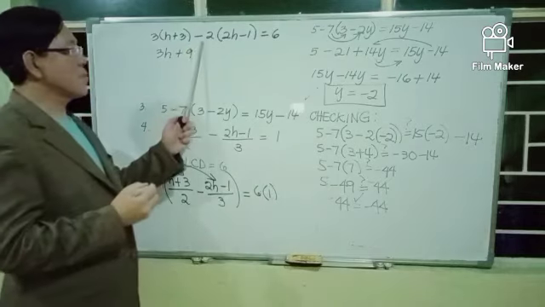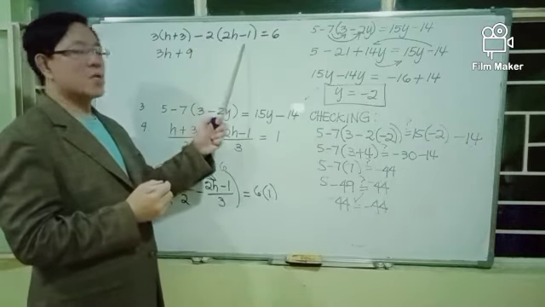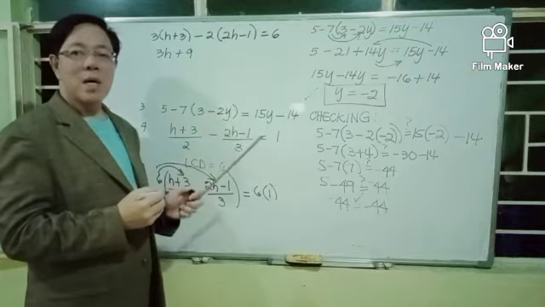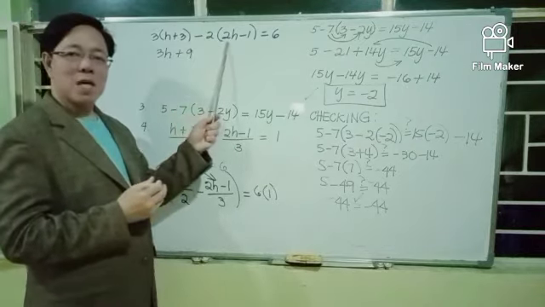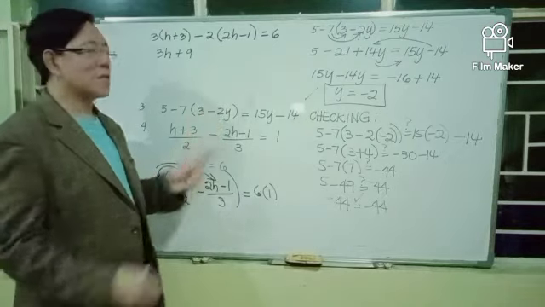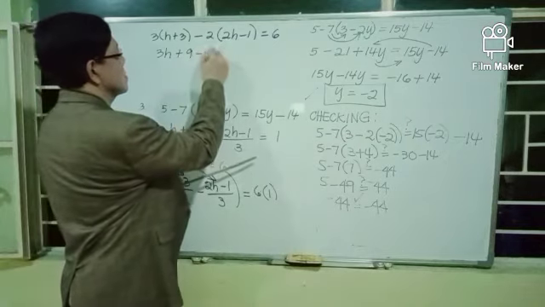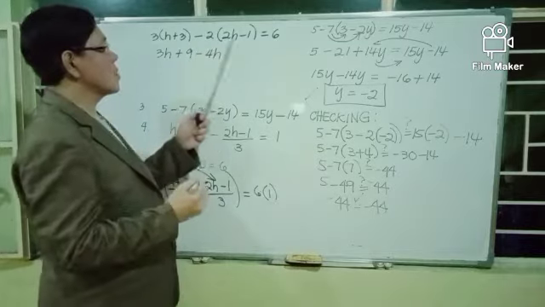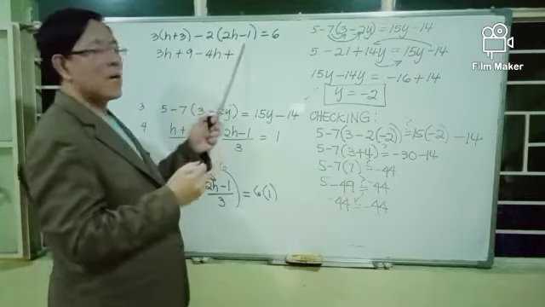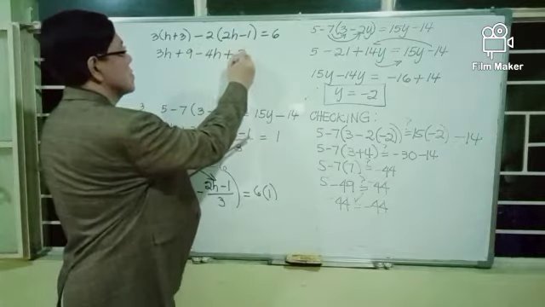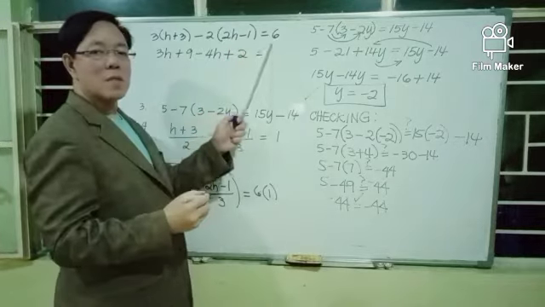We also distribute negative 2 to each term of this binomial. We have negative 2 times positive 2h is negative 4h. Negative times negative is positive. And 2 multiplied by 1 is 2. Equals 6.